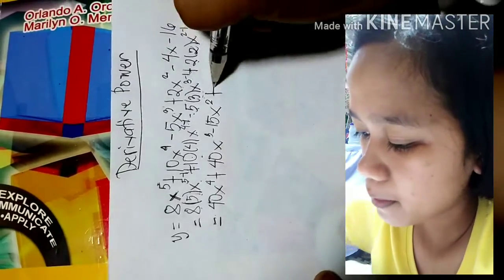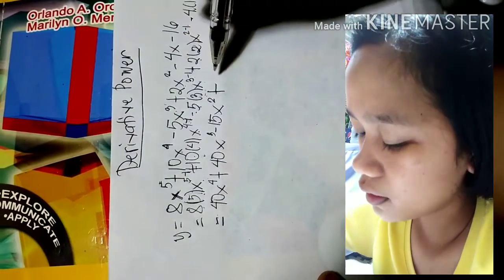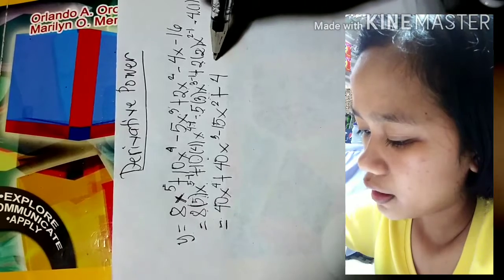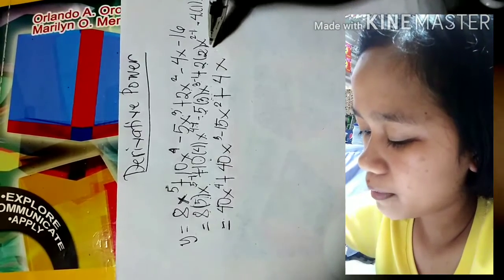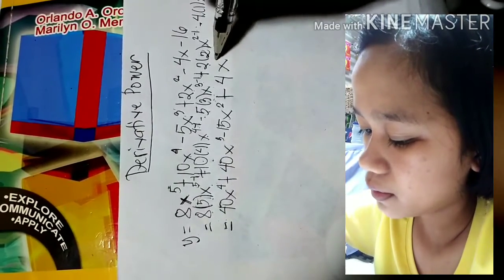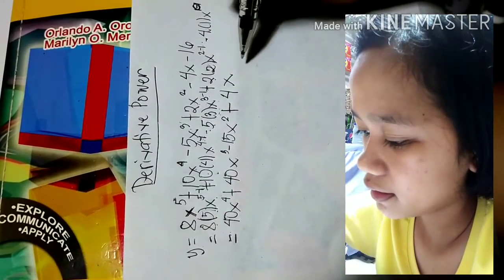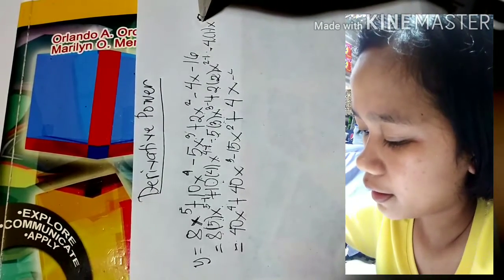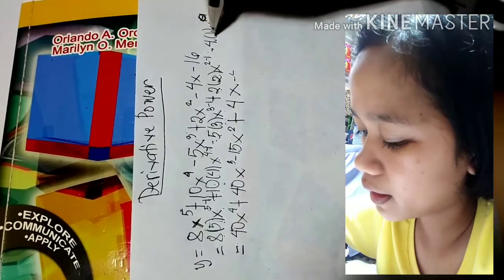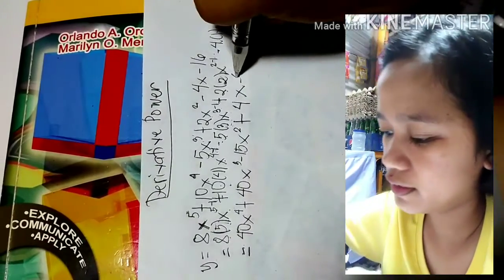Plus 2 times 2 is 4. x squared minus 1 is x. So 4x only. And lastly, 4 times 1 is equal to 4.